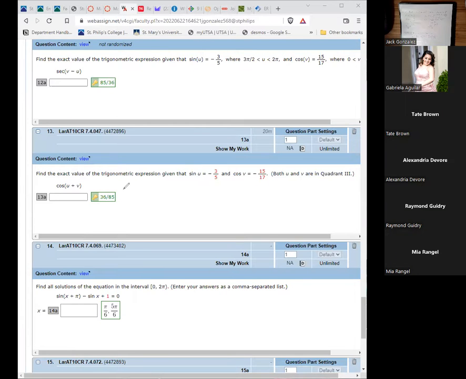See, the exact value is only going to come from the formula and the triangles, because the triangles give you specific perfect numbers. Solving the angle for something weird like this most likely is not going to be perfect. So instead of getting this, you're going to get some weird decimal.